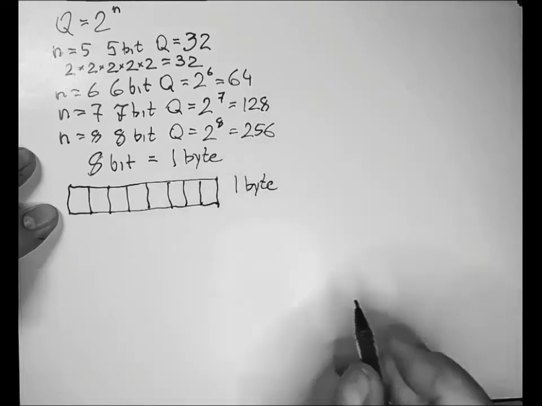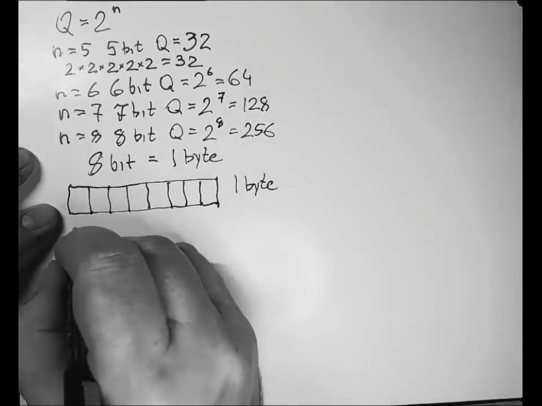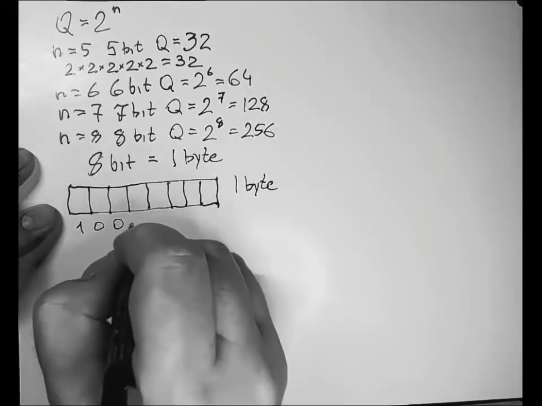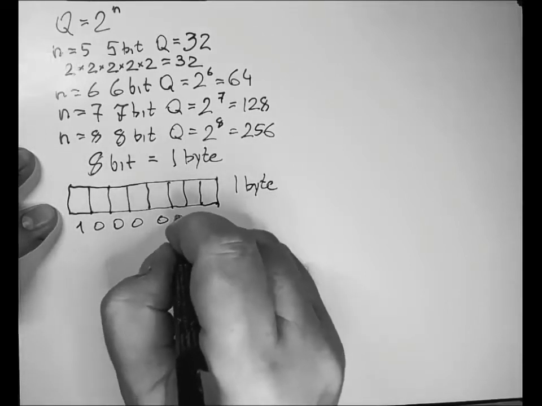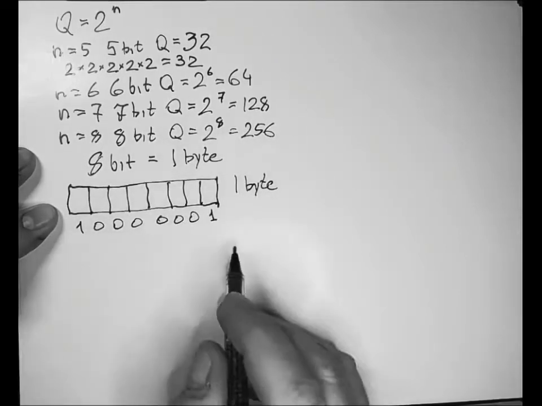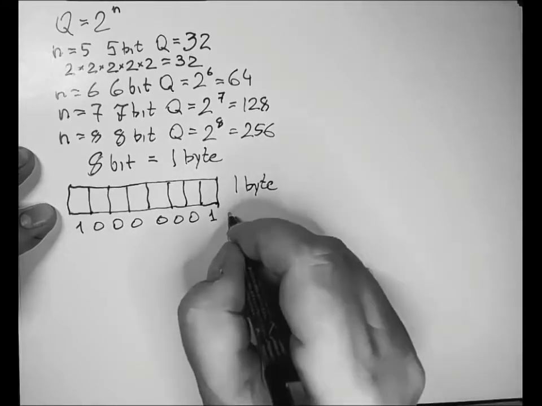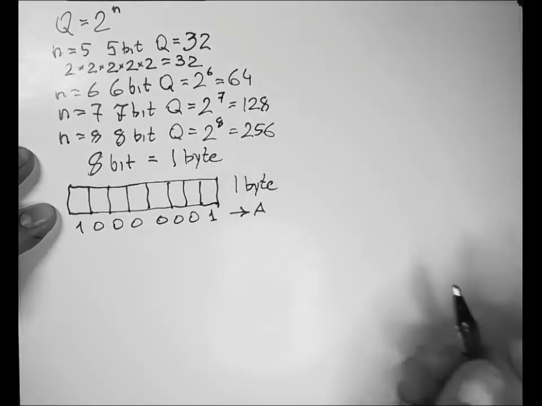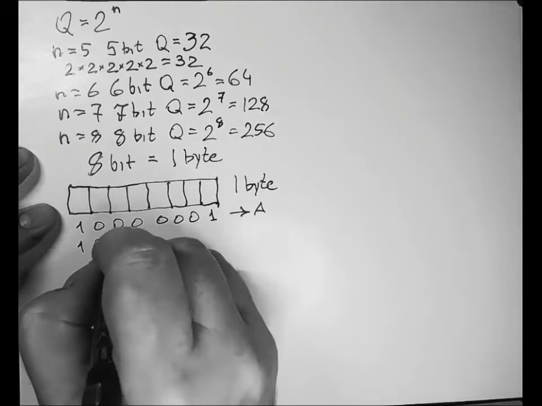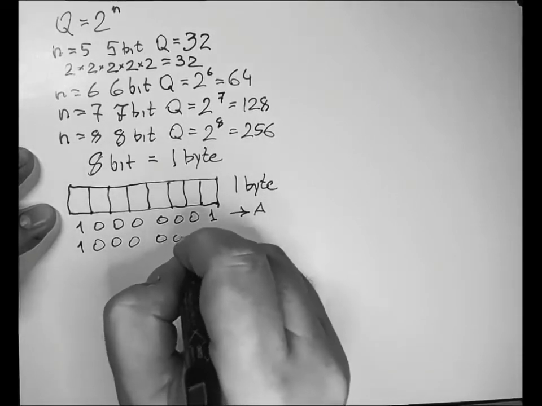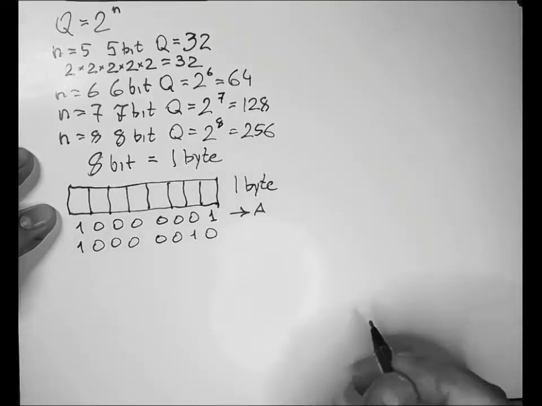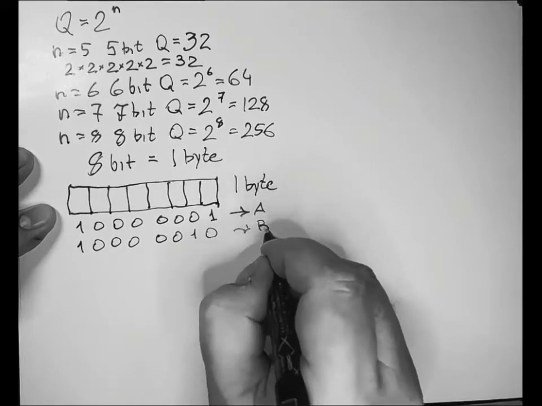And if I do something like this, 1 0 0 0 0 0 0 1, this is a byte, absolutely. Can I say that will be A? Yes. Can I use this, 1 0 0 0 0 0 1 0? Can I say that will be B? Yes.